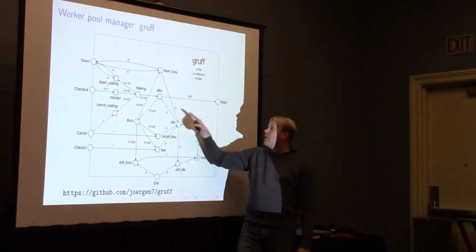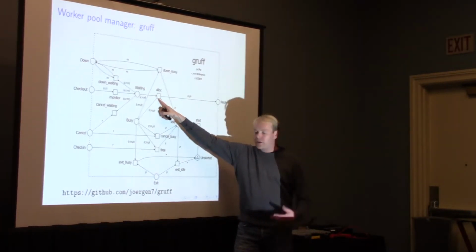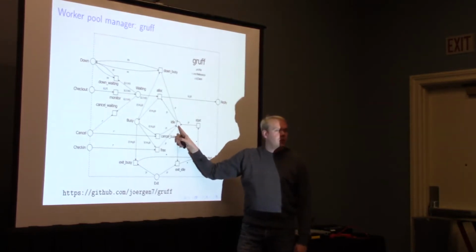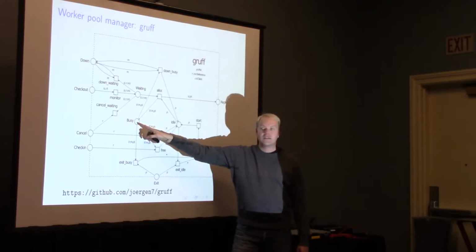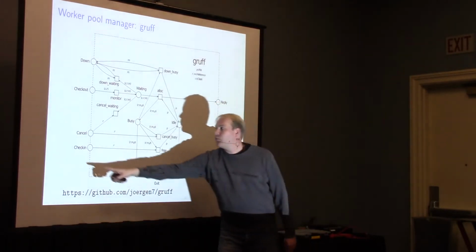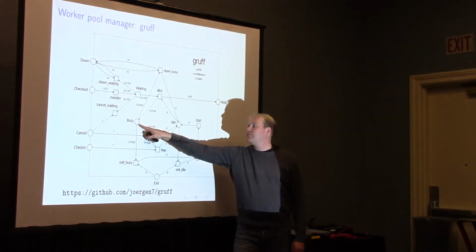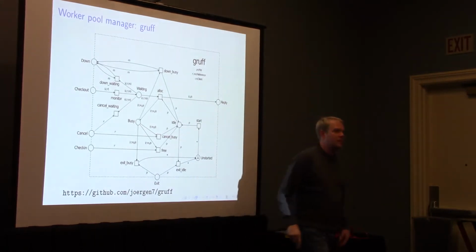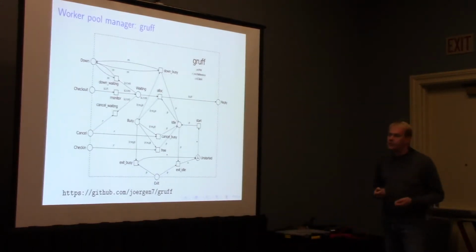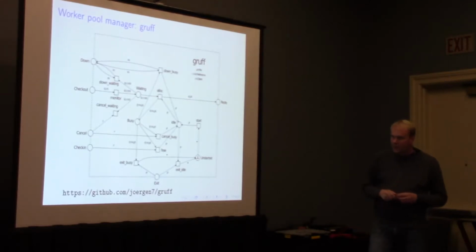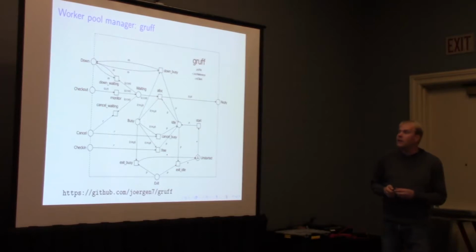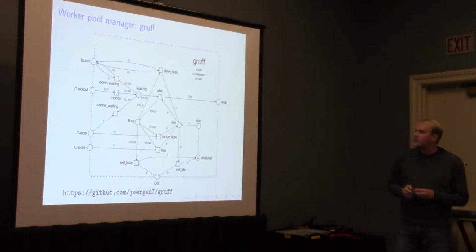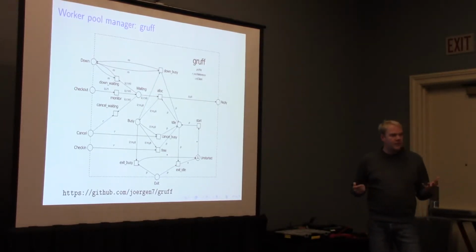And what also happens when a worker gets allocated is that one worker token goes from the idle place to the busy place, and when a worker gets checked in again, the busy worker returns to the idle place, and the process can go on. Yeah, and that is essentially the first example.